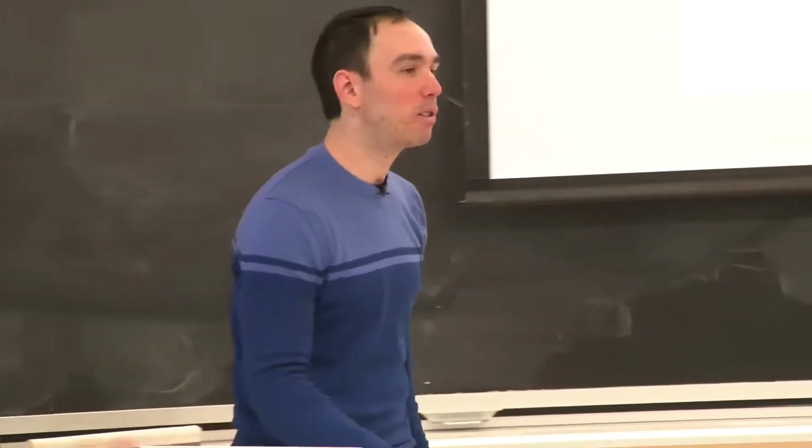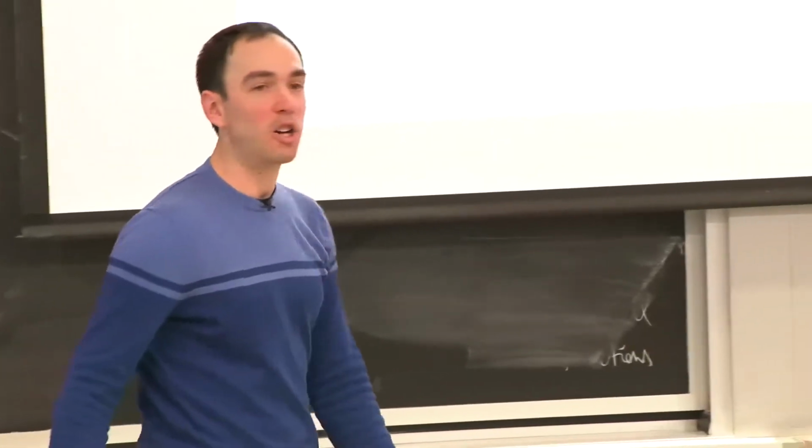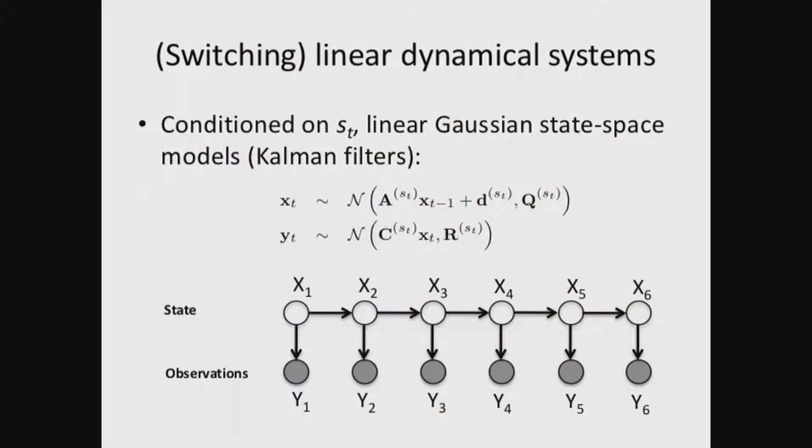So the technique which we'll talk about today goes by the name of switching linear dynamical systems. Who here has seen a picture like this one on the bottom before? About half of the room. So for the other half of the room, I'm going to give a bit of a recap into probabilistic modeling.